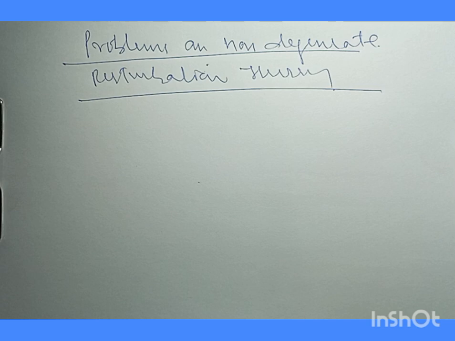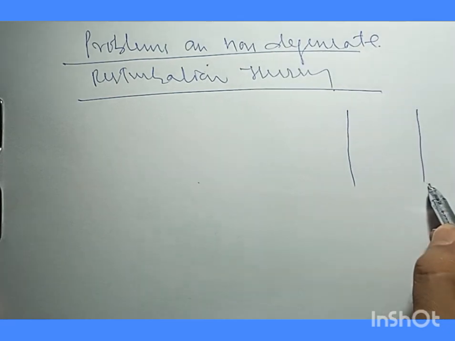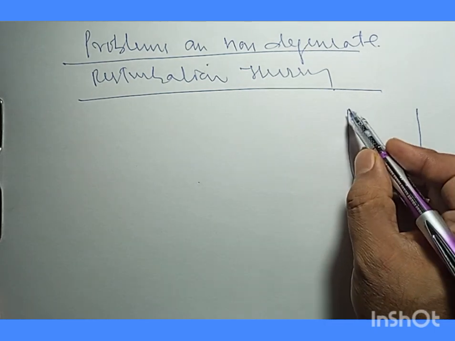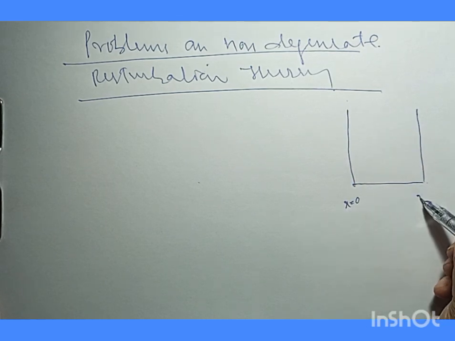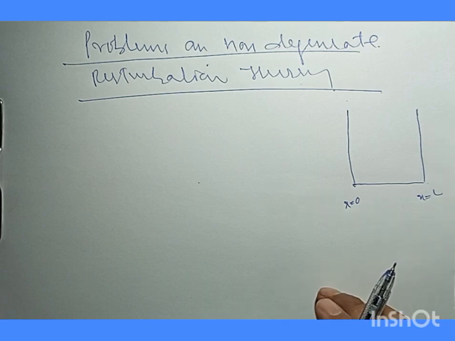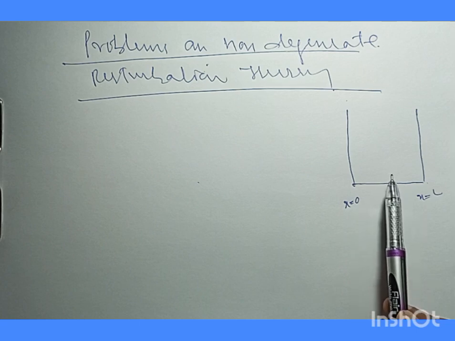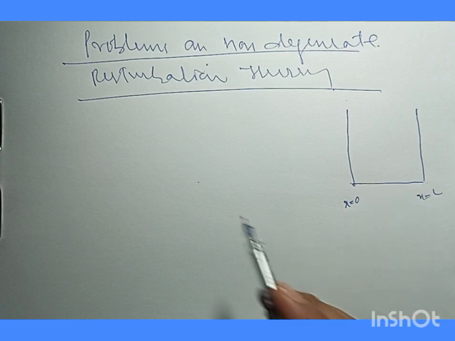we will choose a problem in which we have a particle in a potential, and the potential wall is infinite at x equal to 0 and x equal to L. We will go through this problem step by step using time-independent perturbation theory for a particle in a one-dimensional infinite potential well with some perturbation.